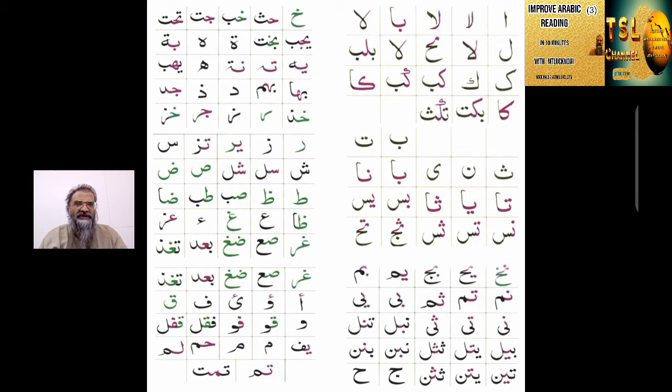Again I am reading: alif, lam alif, lam alif, ba alif, lam alif, lam, lam alif, lam ha. Upper curve line is lam. Lam alif, red color line is lam. Ba lam ba.